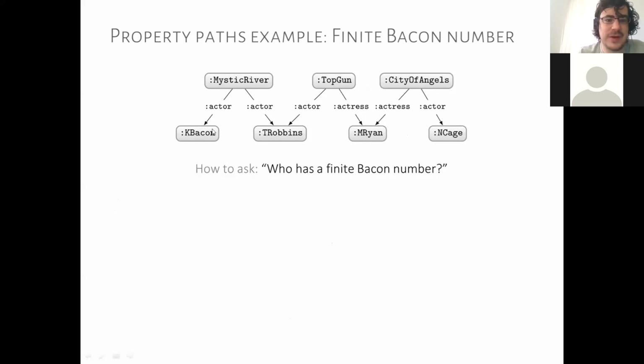Maybe she directly acted with Kevin Bacon in another movie, but at most 2, and Nicolas Cage at most 3. So what we want to find are people who are connected to Kevin Bacon through a co-acting relationship. So how do we do this?